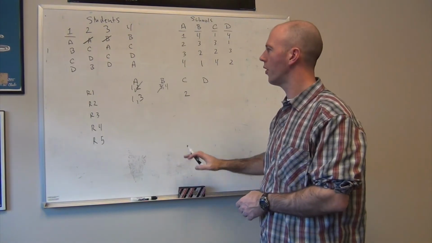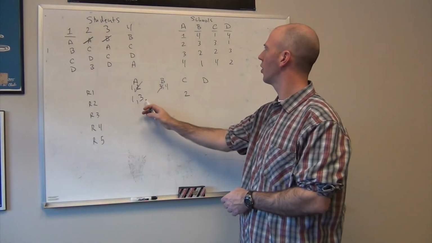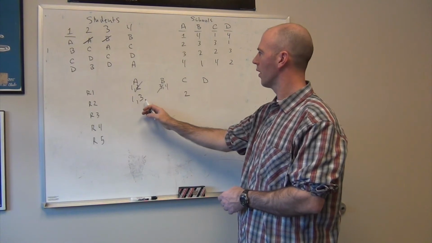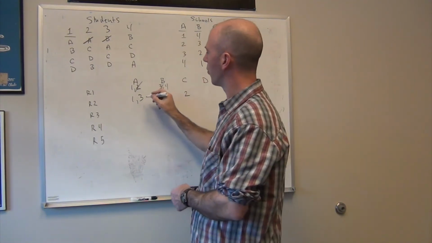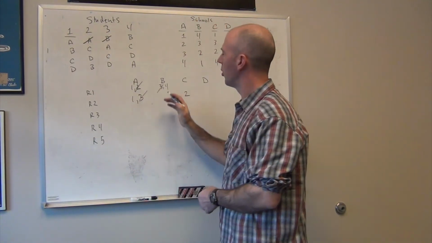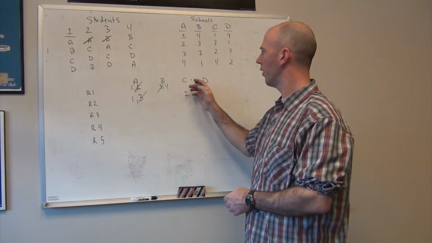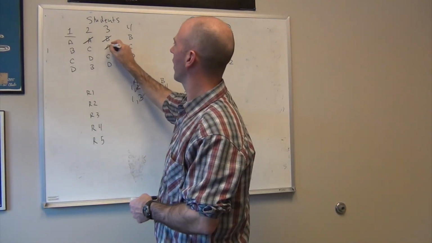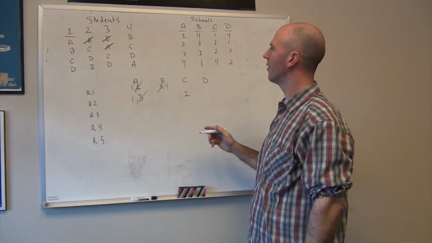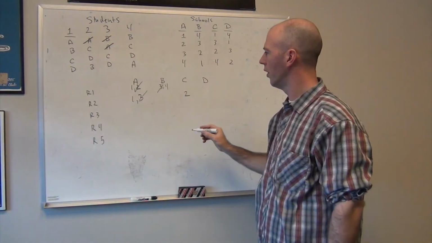So the only school with a decision to make is A. So it's choosing between 1 and 3. And so 1 has higher priority than 3, so it's going to reject 3. B continues to hold on to 4, C continues to hold on to 2. So 3 was rejected again, so now 3 applies to C, which is its next favorite school.